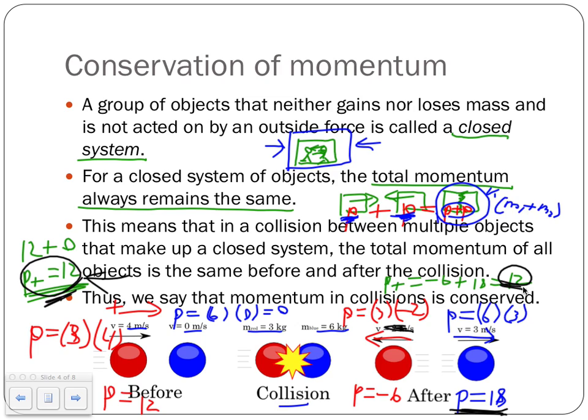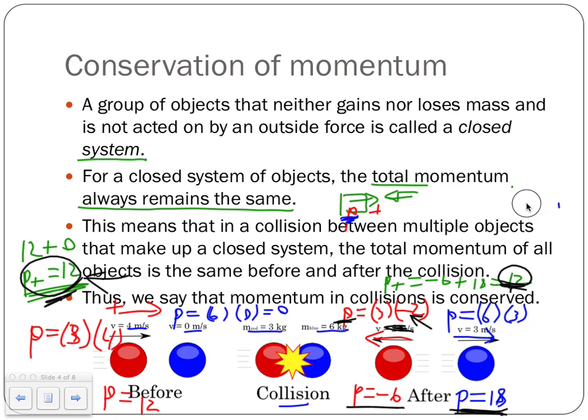We get 12 regardless of which side we're on. Then we would know the momentum of the red ball, and we could use that to solve for its velocity if we did not know it. That's an example of how we might use these momentum calculations to solve certain problems.